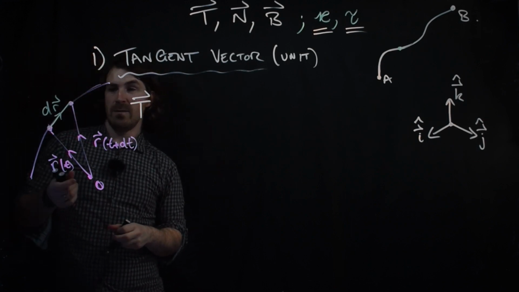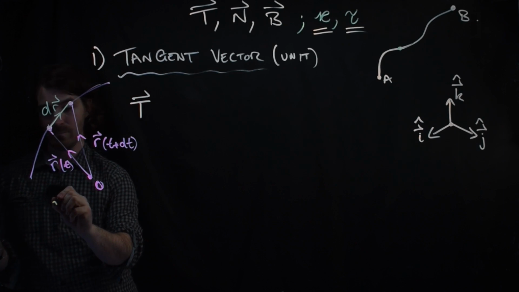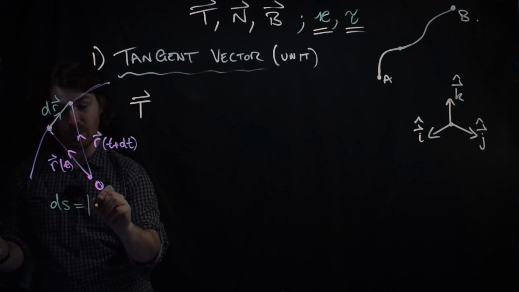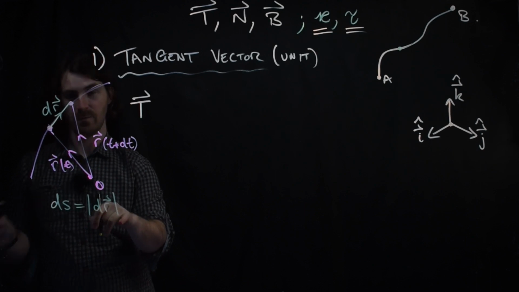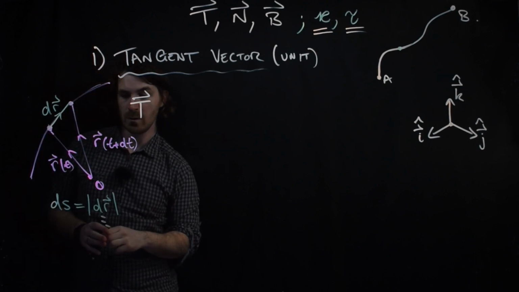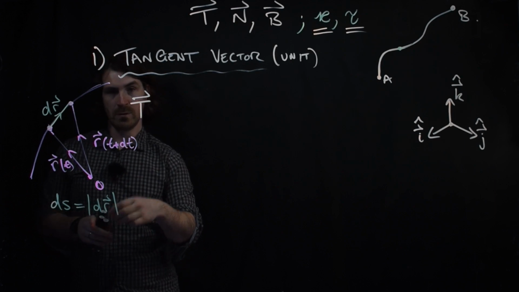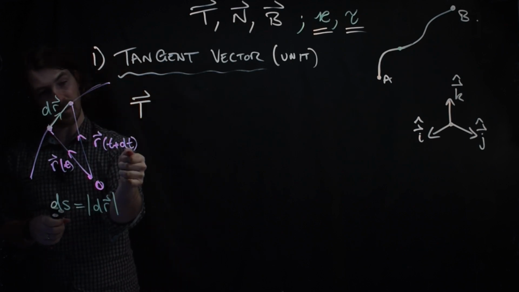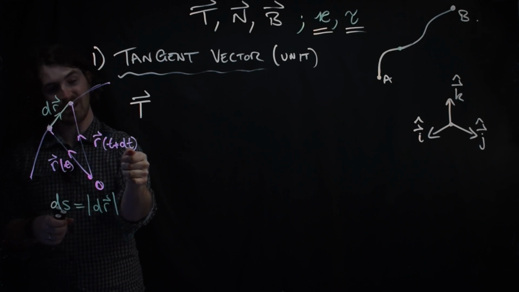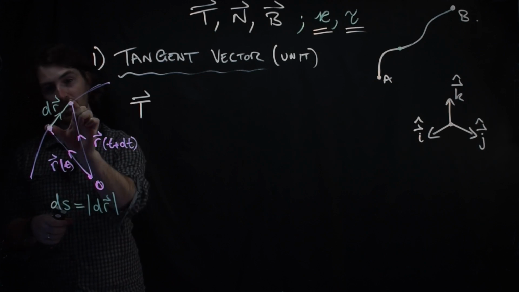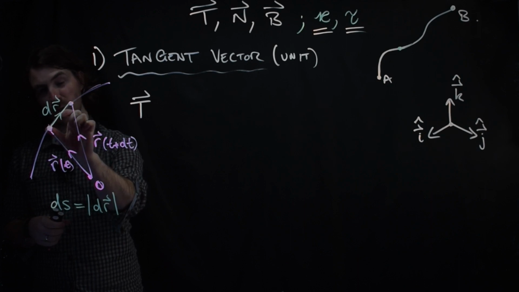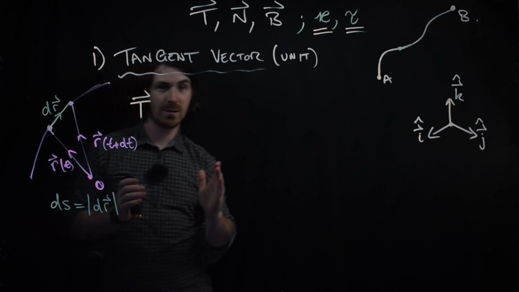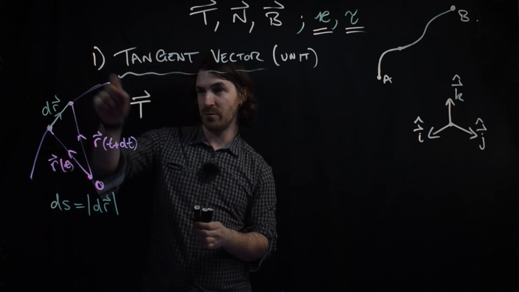And then we said that ds, the arc length, the element of length, was the modulus, the magnitude of this vector dr. So this tangent vector t, if you make dt really small, so as dt goes to 0, these 2 points become closer and closer together, and this dr points in the direction of the tangent to the curve.